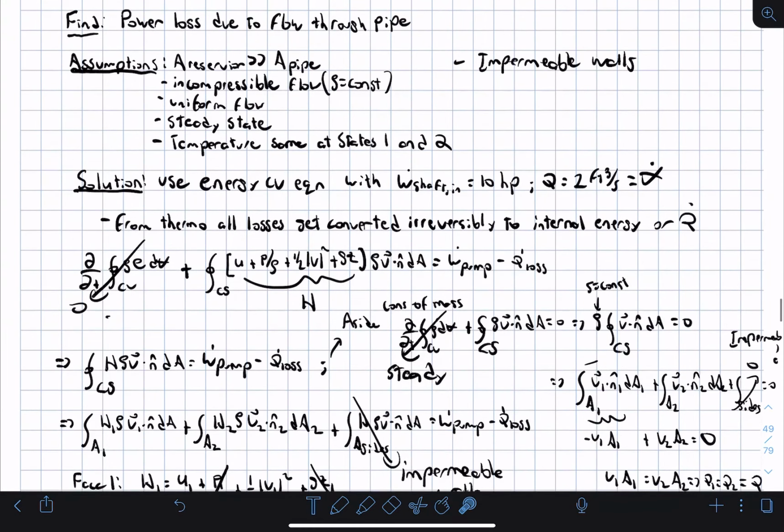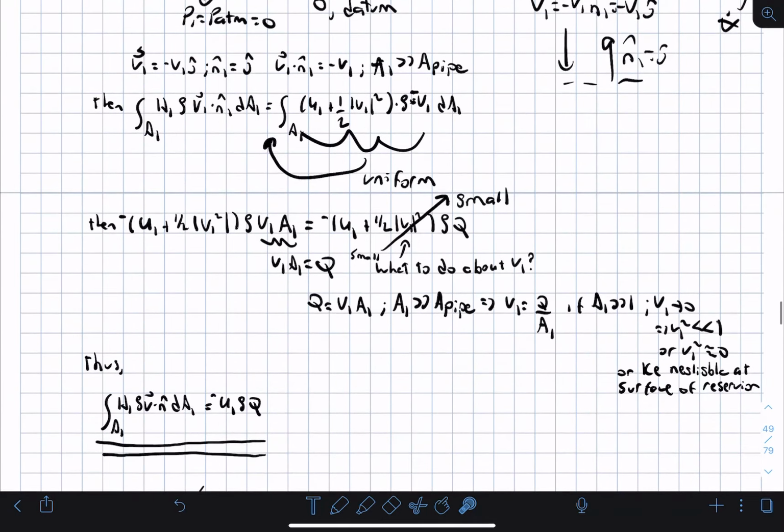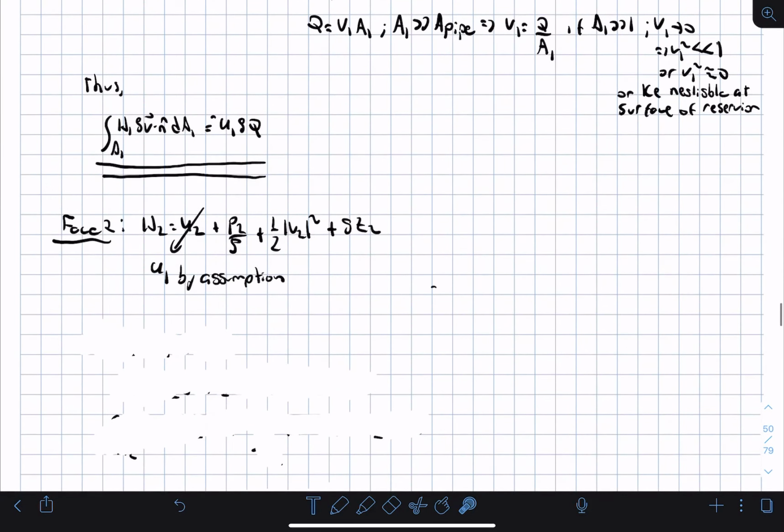So we can assume that the flow is isothermal, and that the temperature at states 1 and states 2 are the same. And if the temperature and the pressures are the same, then you can conclude that U2 is equal to U1. Okay.